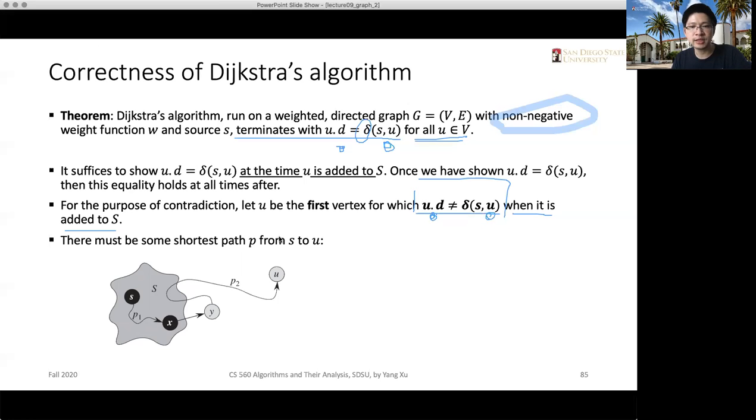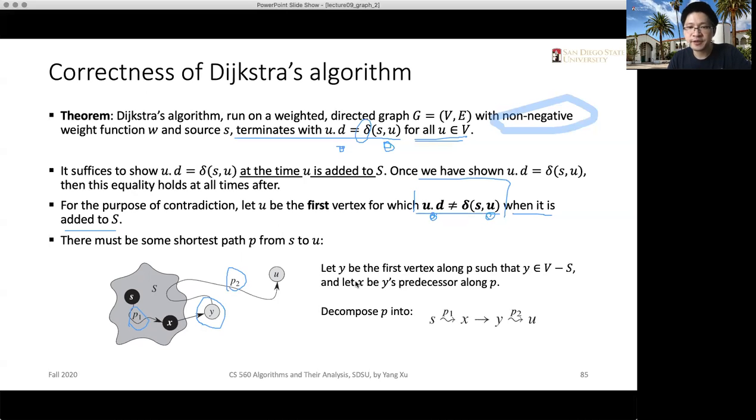And we decompose the whole shortest path into three parts, right? We have P1 here, which is connecting s to x, and P2 here is connecting y to u. And y is something that connects x and u. Okay, so y is the first vertex along the path such that it is outside S, and x is y's immediate predecessor. Okay.